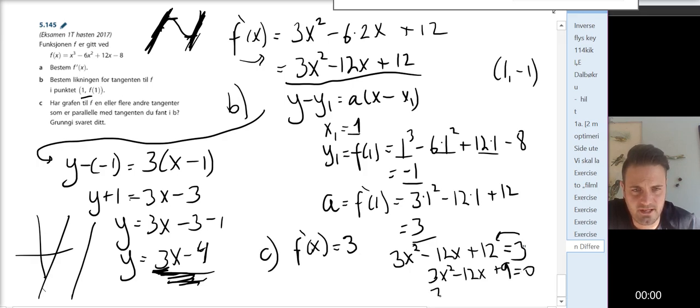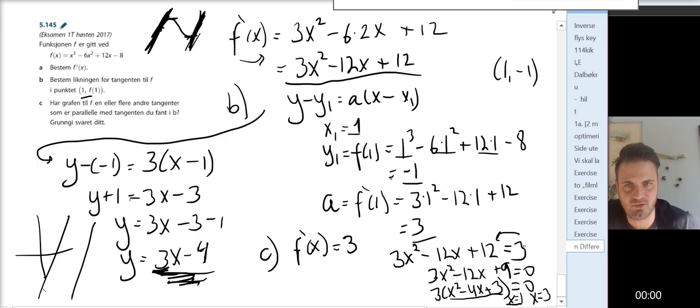And we can factorize here. We have 3 in common, like this. And we can use the shortcut here on this one. And we get x equals 1 and x equals 3. And this answer is the point we have already done a bit.